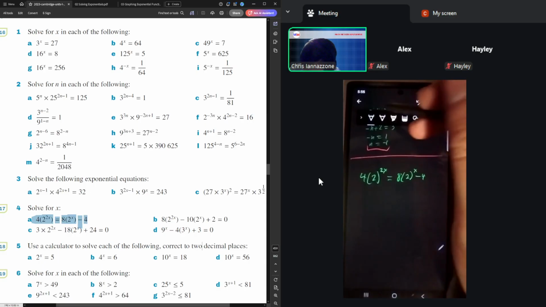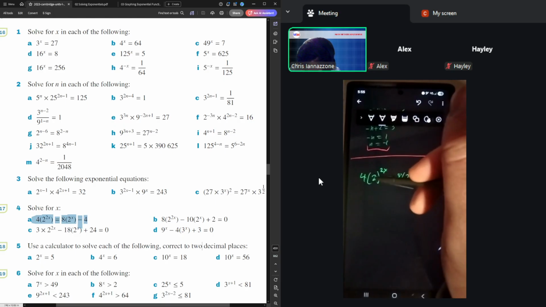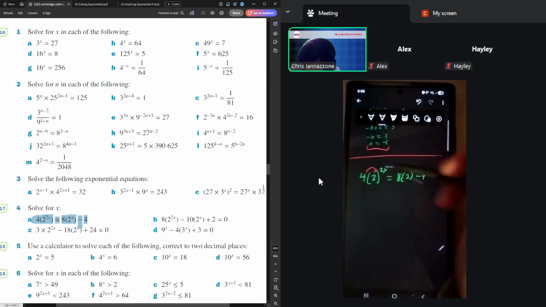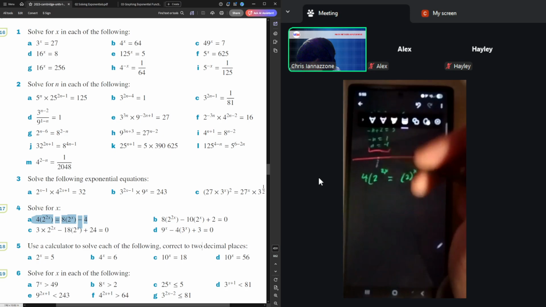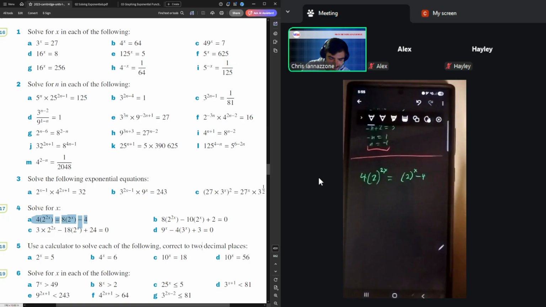When you have brackets that are raised to a power, because this term is raised to a power and this one isn't, you can't necessarily just distribute these coefficients directly in there. There's a way to do it, but it's not something you really want to do, and it's not super neat like that. So unfortunately not quite that.